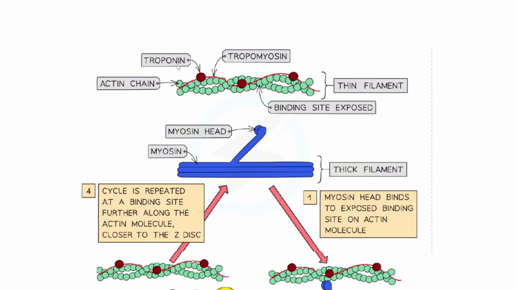So the troponin is the dark circles you guys can see, and the tropomyosin is the red line. Sorry, my bad.